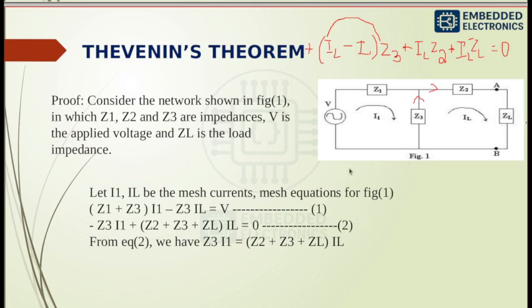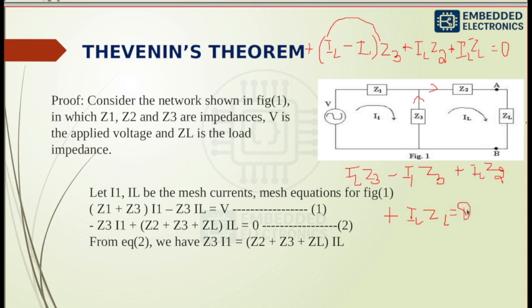Then it becomes IL Z3 minus I1 Z3 plus IL Z2 plus IL ZL equals 0.